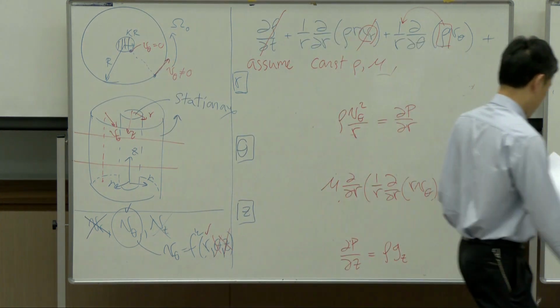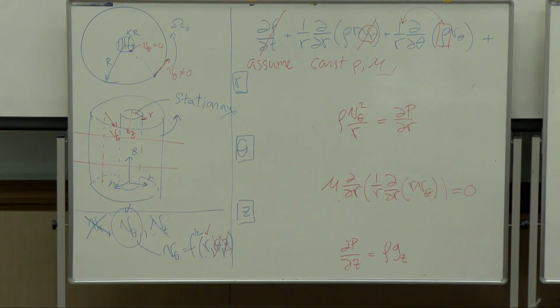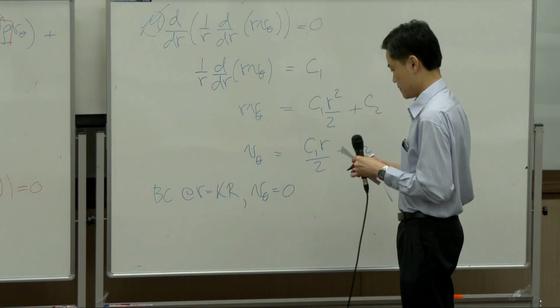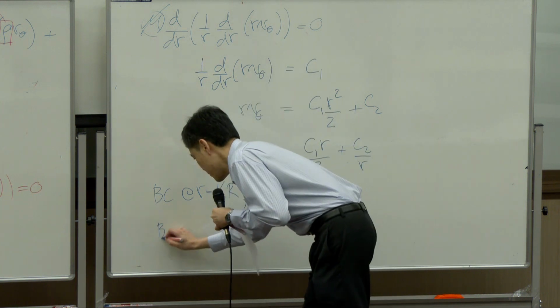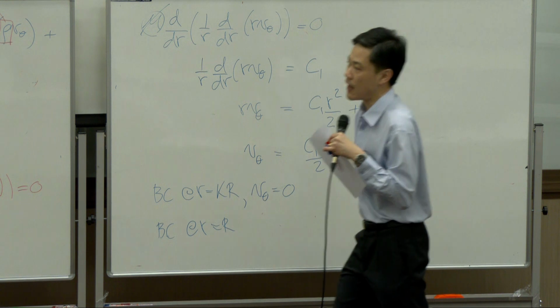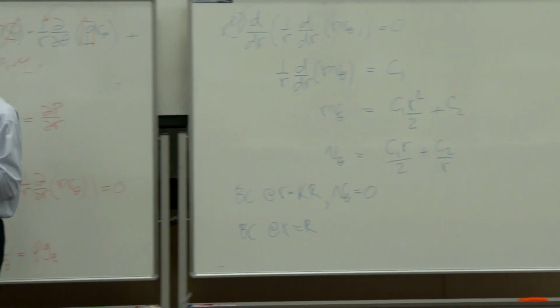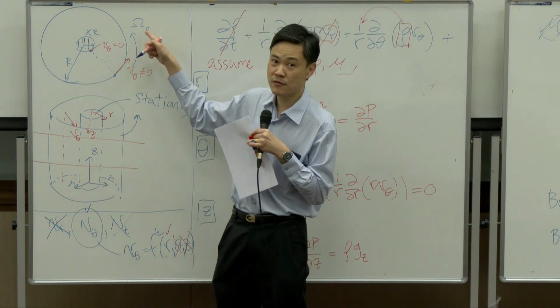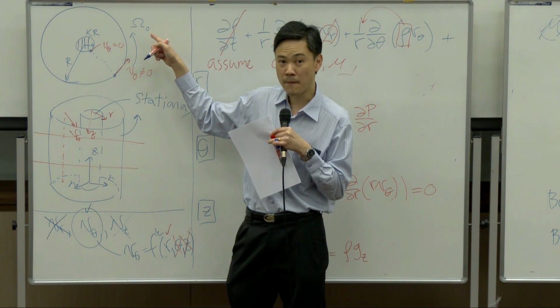Okay? So I know that at r equal to kR, v theta is 0. Also, at r equal to capital R, that's outside. At this point, is v theta equal to omega 0?